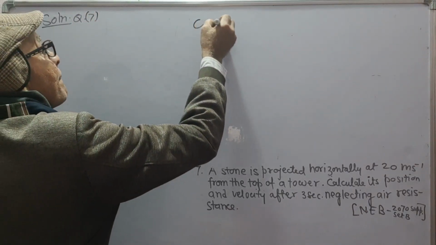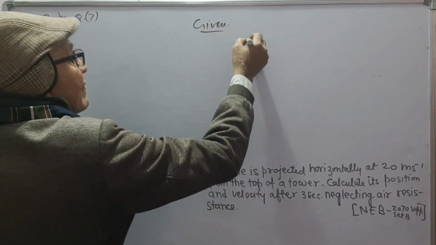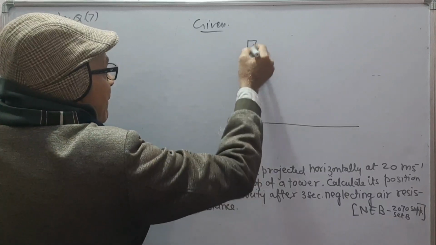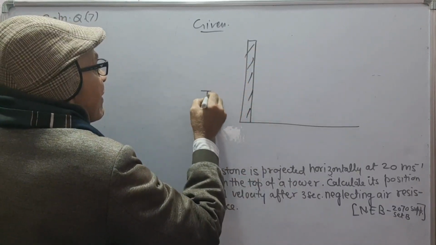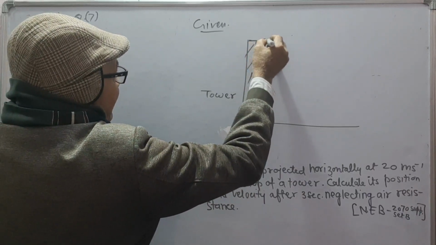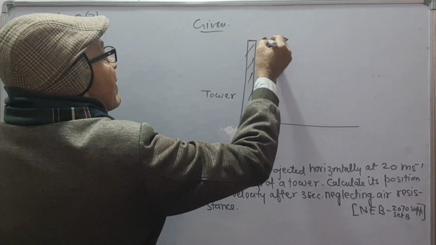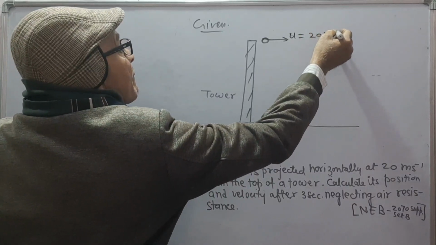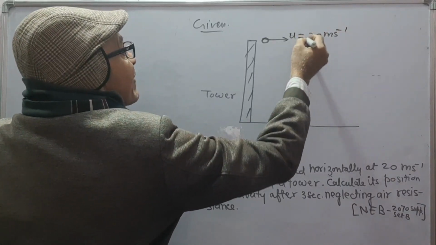Given, this is tower, object or stone is thrown horizontally with velocity 20 meter per second.